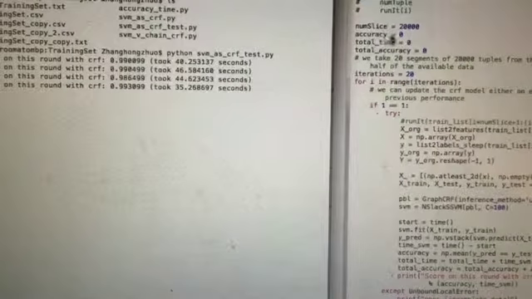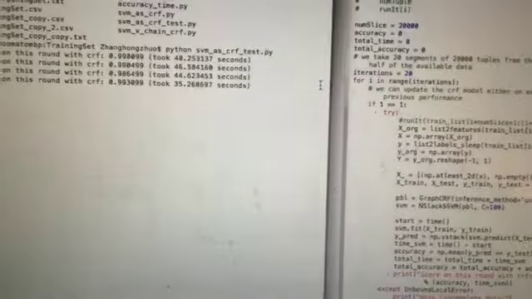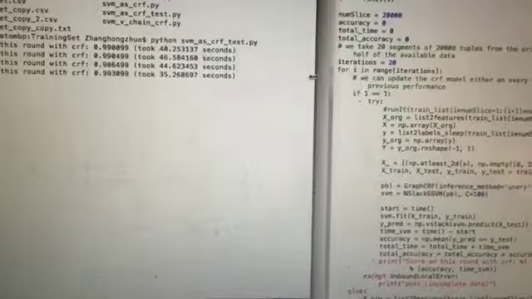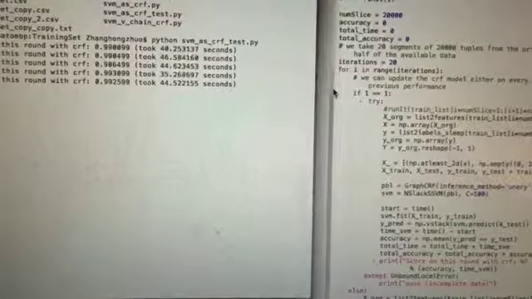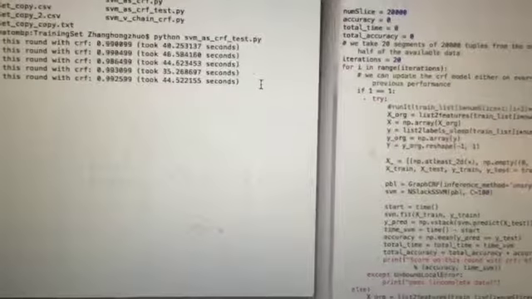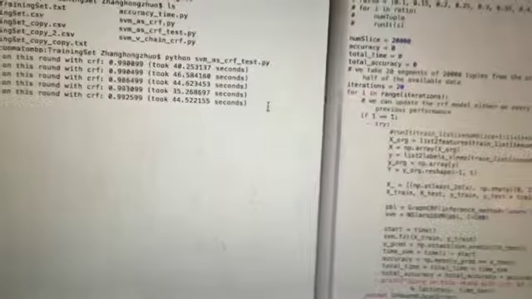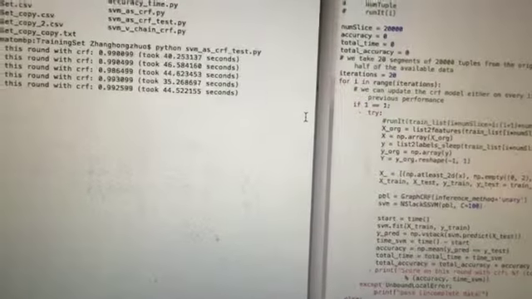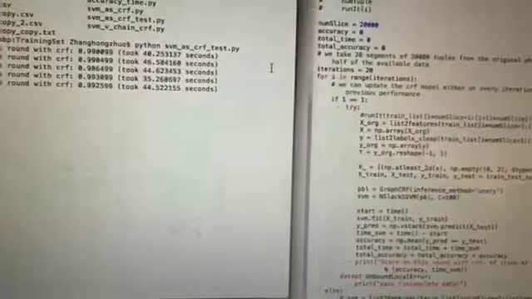If we chose like 5,000 tuples for each segment, the running time would be much faster, but accuracy would be compromised, because for this task the label data will likely be 0, which means they are not interesting to us, and the data labeled as sleeping is a very small portion, and if you only have 5,000 tuples for each segment, it's not likely you'll find examples labeled as sleeping.